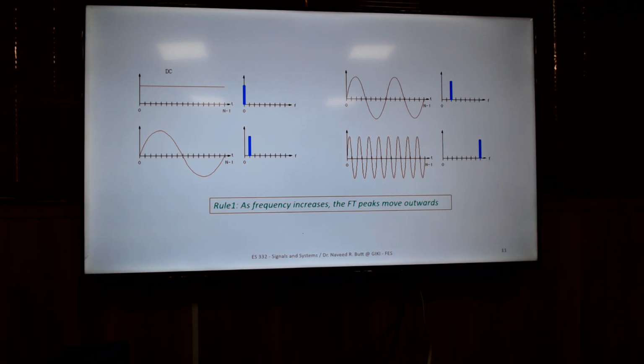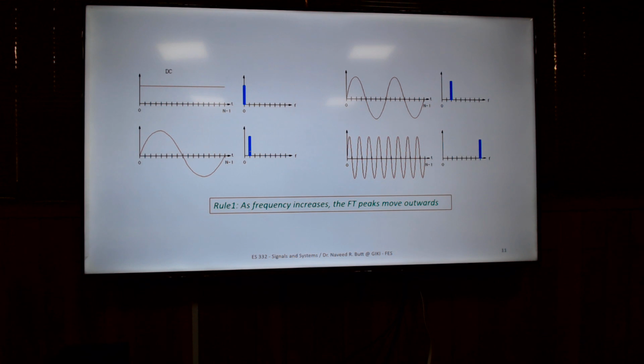Okay. So rule 1. As frequency increases, the Fourier transform peaks move outwards away from the origin. So what's the frequency of this DC component? 0. So the peak is at the origin, 0. Now this one has slightly higher frequency. This is 0, but then there is some frequency here. So the peak has moved away from the origin.